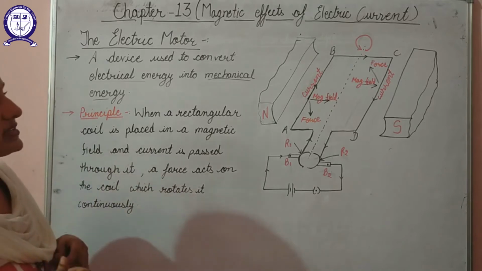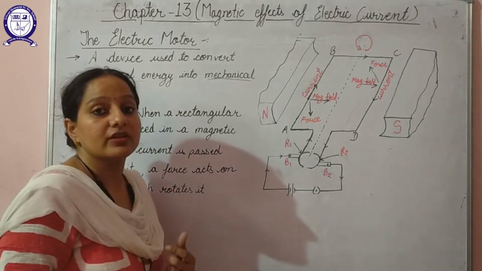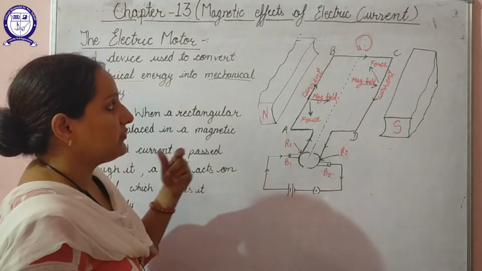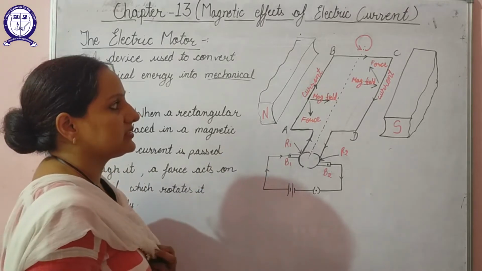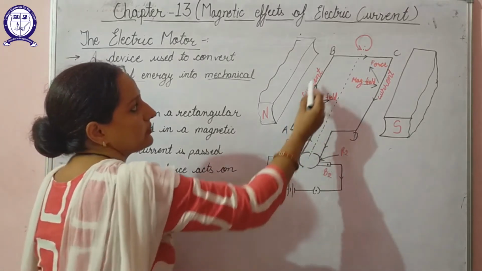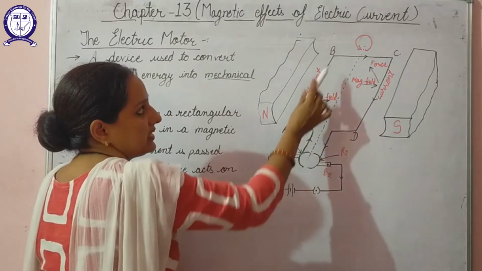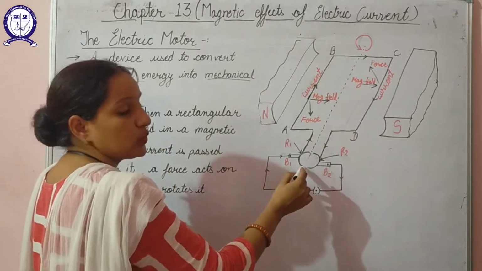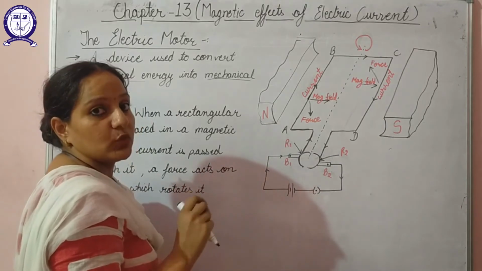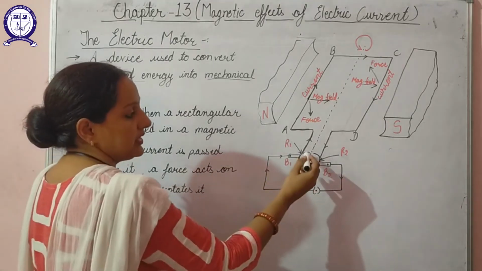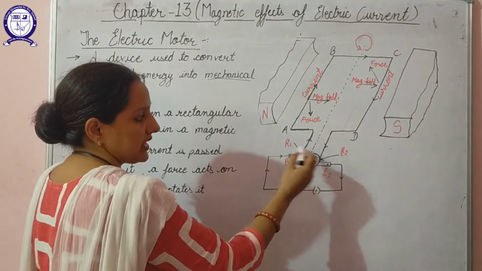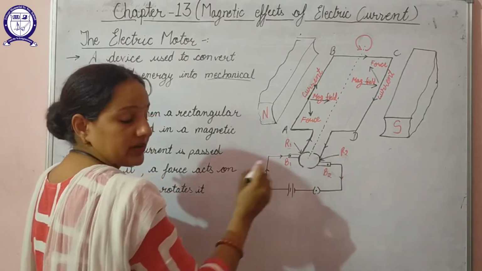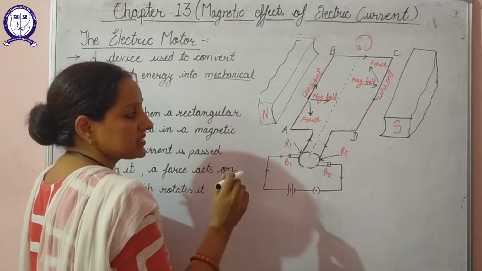Now next we will discuss the construction and working of the electric motor. The electric motor comprises a rectangular coil ABCD, which is connected to two rings of copper, known as split rings or commutator. So here rings R1 and R2 are the split rings of copper known as commutator.